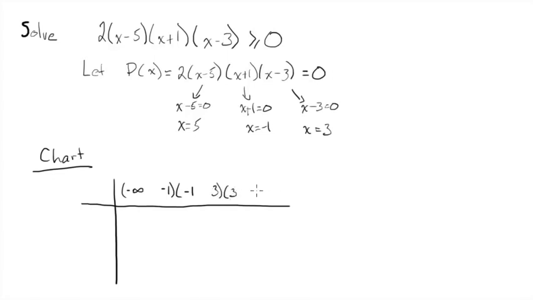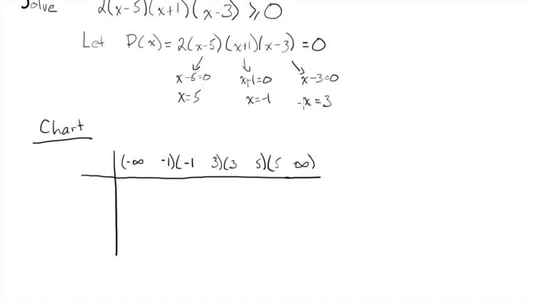From 3 to your next smallest, which is our largest, which is 5. And then from 5 all the way to infinity. So you break up the real number line into intervals partitioned by your x values. Now you're going to write all your factors down: x minus 5, x plus 1, x minus 3.